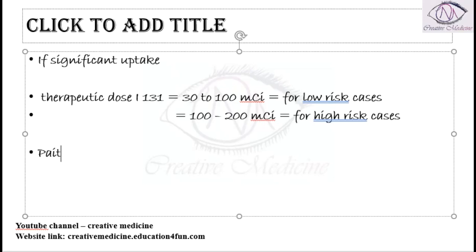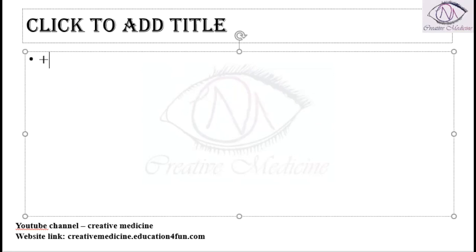Now the second scenario. Here the patient has a positive scan, and along with that the serum thyroglobulin levels were found to be more than 2 nanogram per ml.